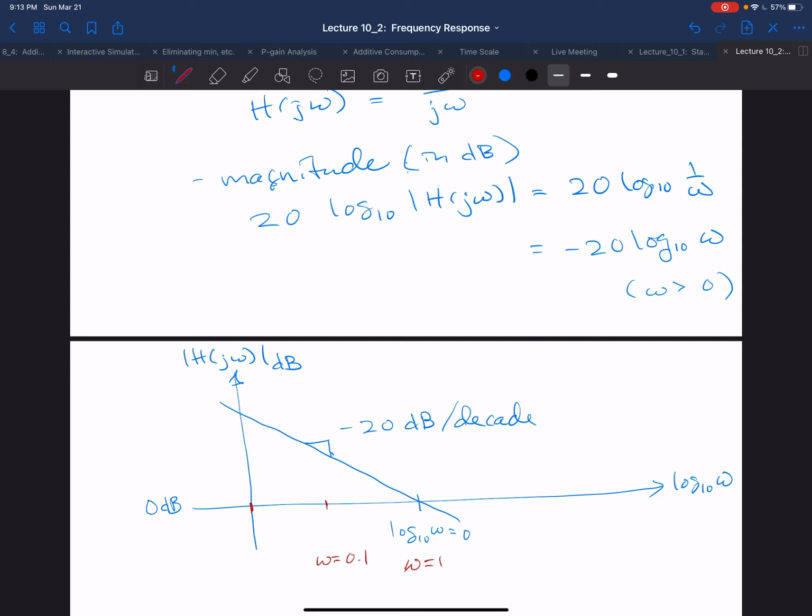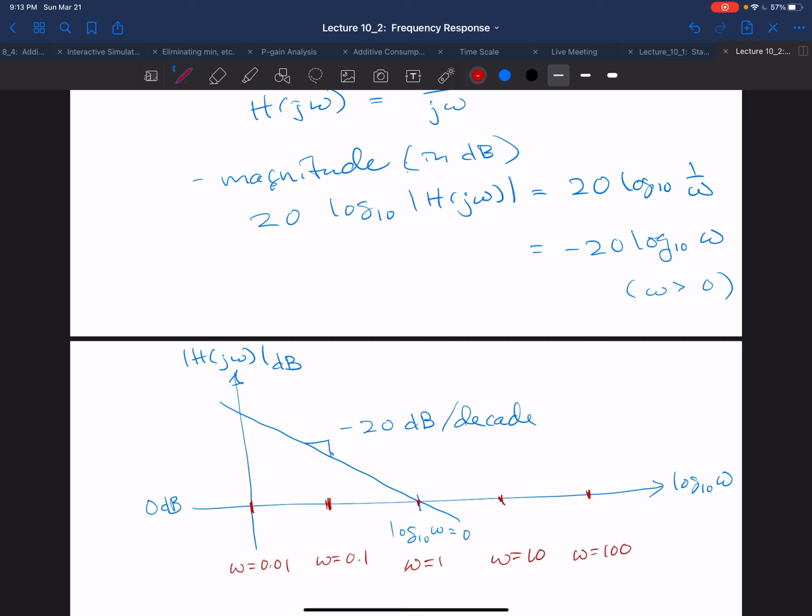if we plot the actual values of omega on this log omega scale, it'll look something like this. So each of these intervals is one where omega increases by a factor of 10.